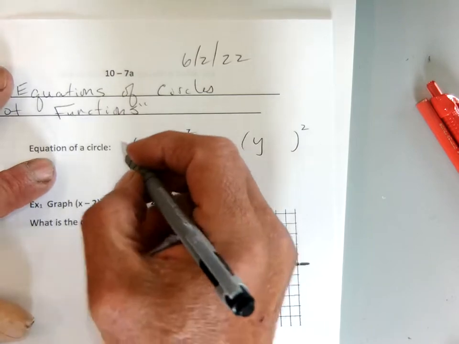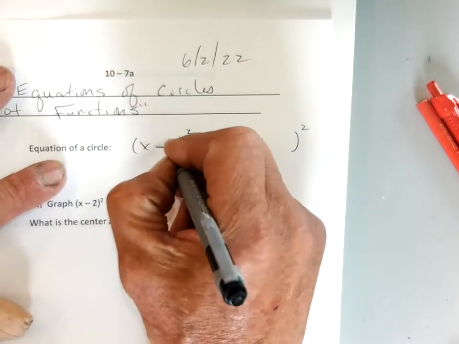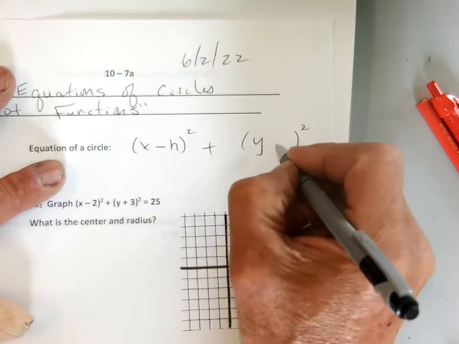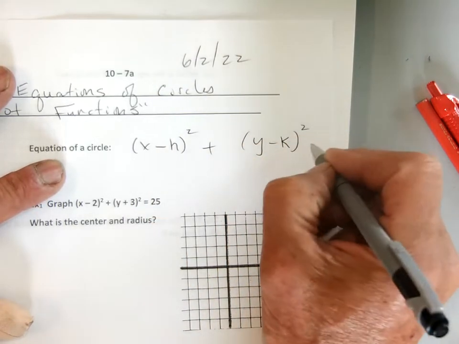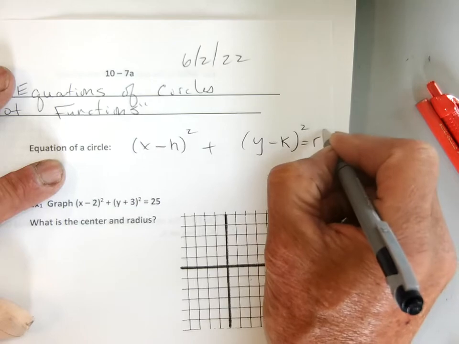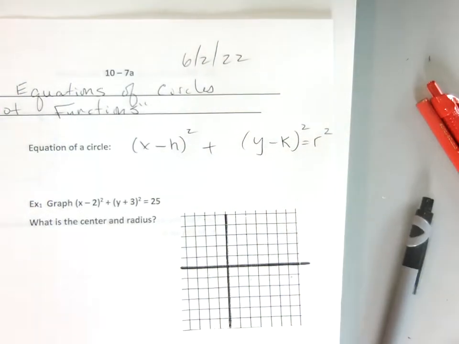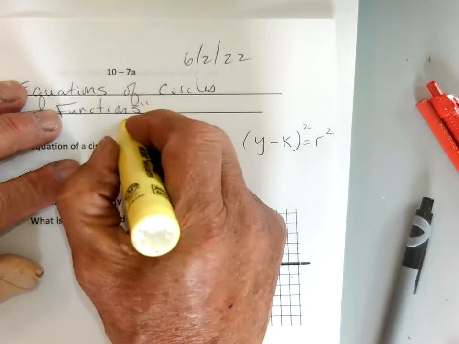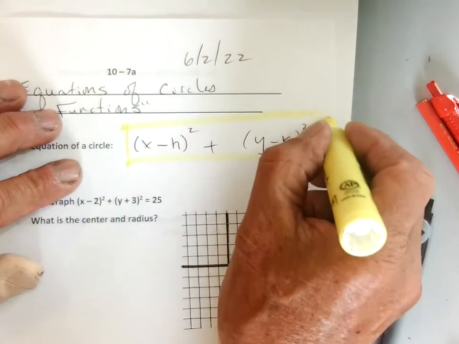So you're going to have an equation of a circle that's going to be x minus some h quantity squared plus y minus some k quantity squared equals some radius squared. That's the equation of a circle, all right?